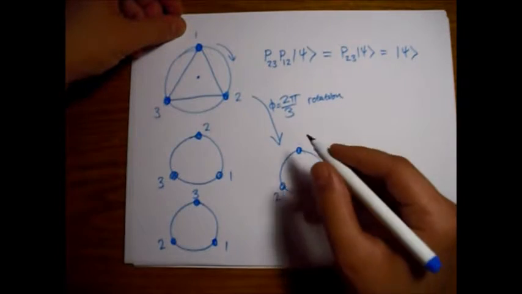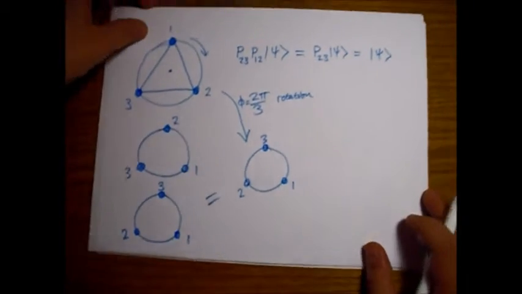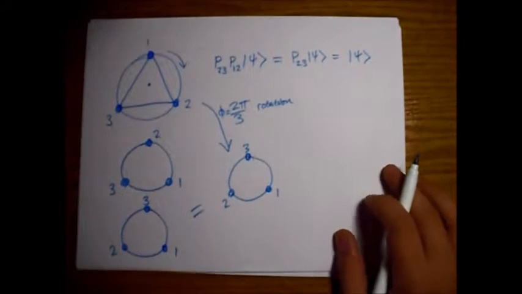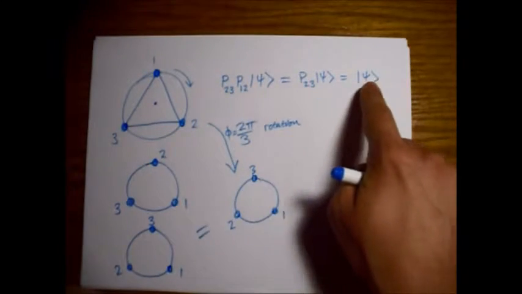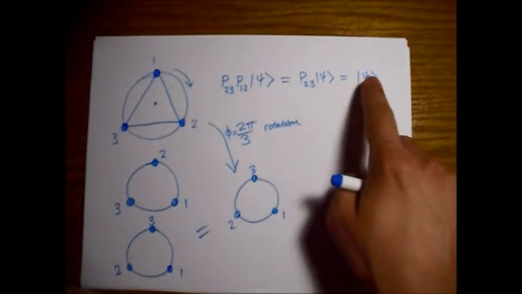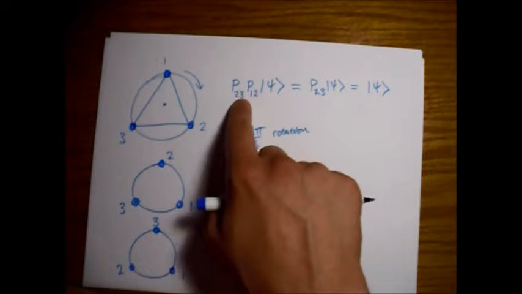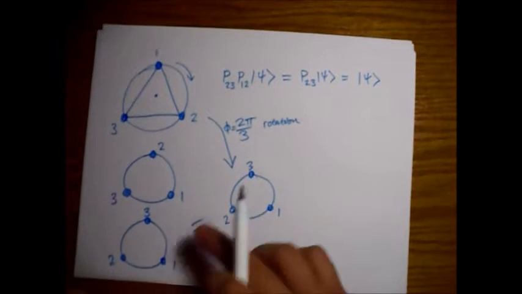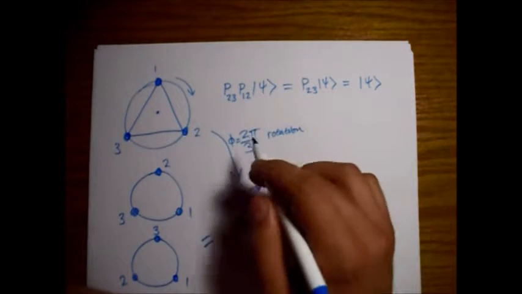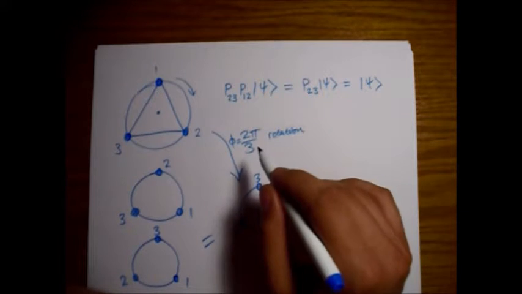So 1, 2, and 3, and these 2 cases are equivalent. We found that the eigenvalue for using these 2 permutations is 1. Since these 2 are equivalent, we get some restrictions on the eigenvalue for our rotation operator.